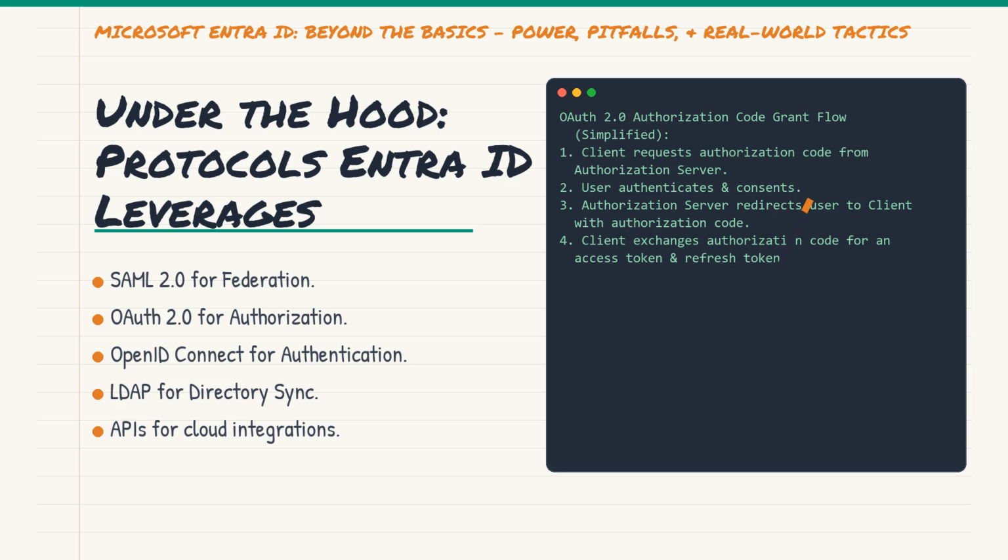For synchronizing identities from on-premises, it uses protocols like LDAP, Lightweight Directory Access Protocol, and APIs. For device management and conditional access, it interacts with protocols that allow it to query device health and compliance. Understanding these protocols is key to troubleshooting and advanced configuration.